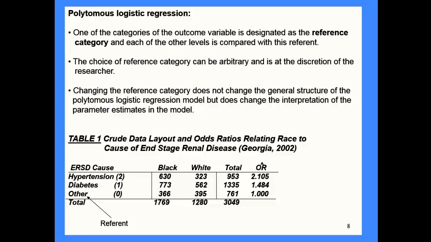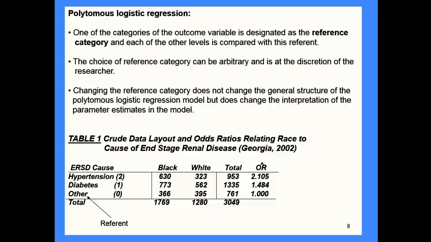Here we're comparing hypertension to other, and that's 630 times 395 divided by 323 times 366. And that's 2.105. So the odds ratio comparing hypertensive outcome to other outcome is 2.105.